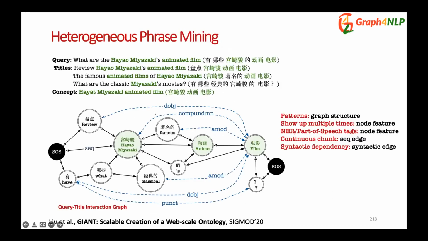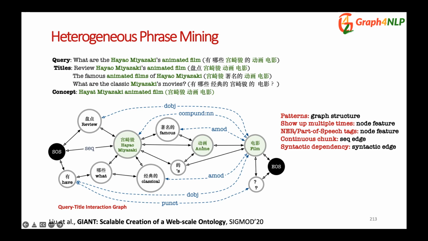So the key problem is, let's say you have several short queries and news articles, say the news article titles. How can you extract a phrase from this cluster of short text? So basically what we did is transform it into a query-title interaction graph, where each node represents a unique word that exists in one of the queries or titles.